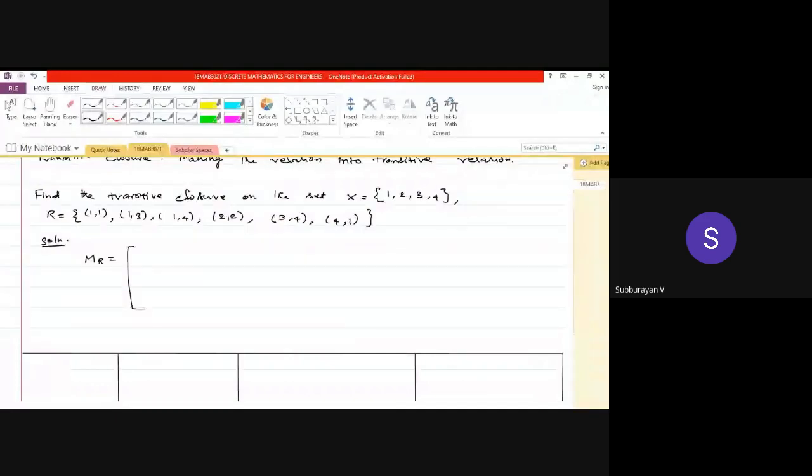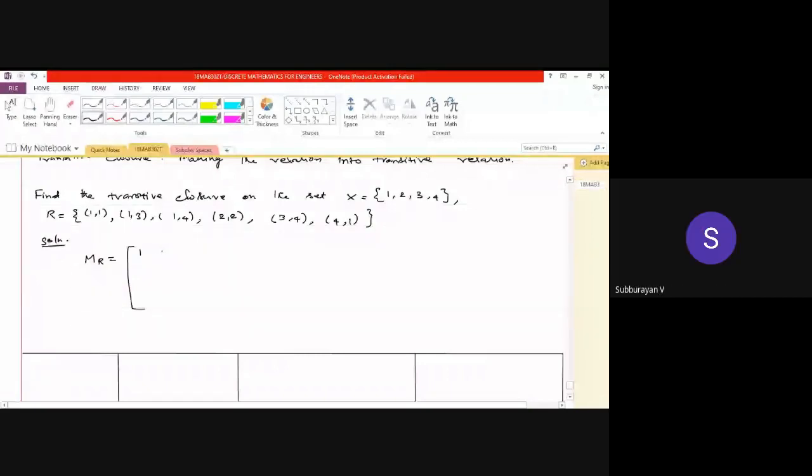What is the first row of the matrix representation of R? (1,1) is there, so 1. (1,2) is not there, so 0. (1,3) is there, so 1. (1,4) is there, so 1. (2,1) is not there, so put 0. (2,2) is there, so put 1. (2,3) is not there, so 0. (2,4) is not there, so 0. (3,1) not there, 0. (3,2) is 0. (3,3) is 0.